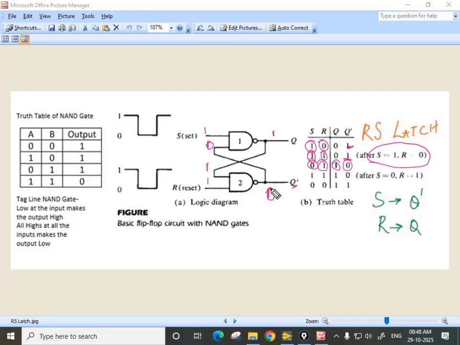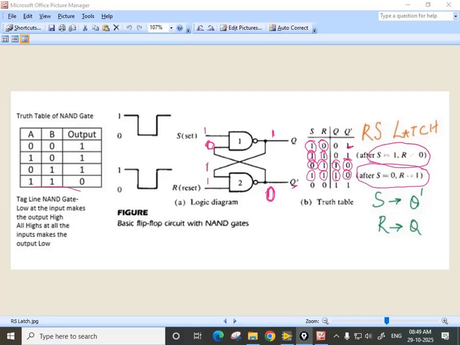Then we have the output 0 because both the inputs are 1, and that 0 fed back over here gives the output high as 1. So there is no change because of these two ones. Remember, this is after S equal to 0, R equal to 1.